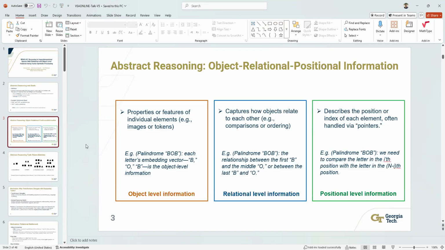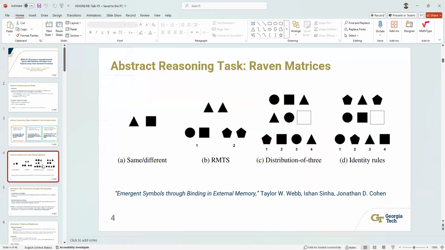How are different sequences of objects related to each other? That's relational level information. And of course, positional information deals with where that object occurs in that sequence. We're going to be talking about sequences of objects and reasoning with sequences of objects, and where a particular object occurs in the sequence is important. So three types of information: object level features, relational information, and position level information.